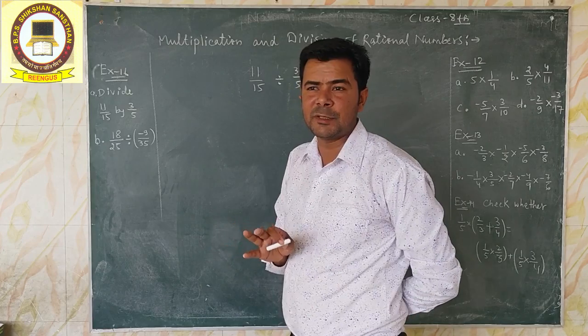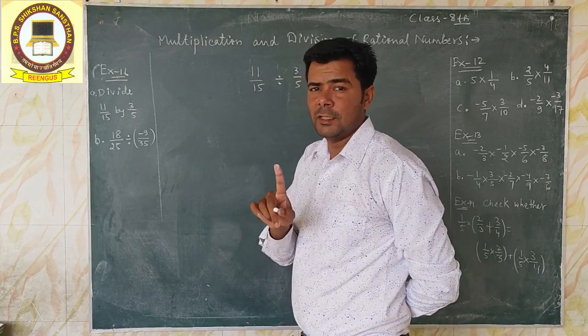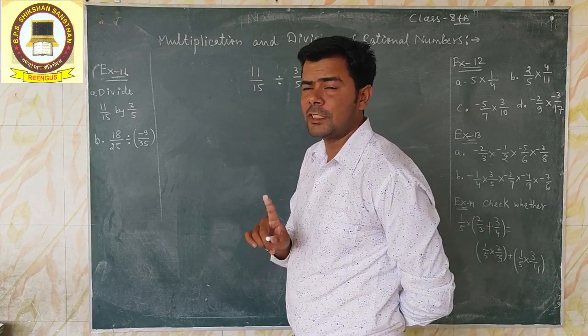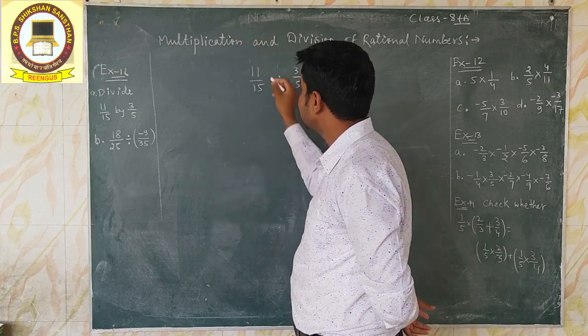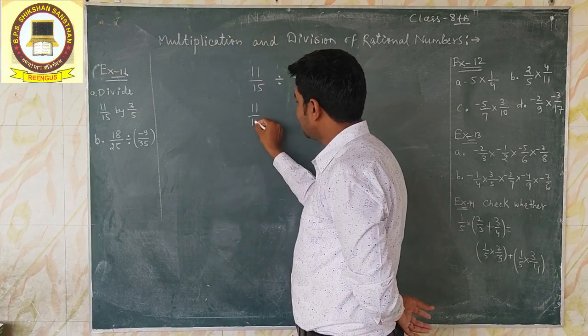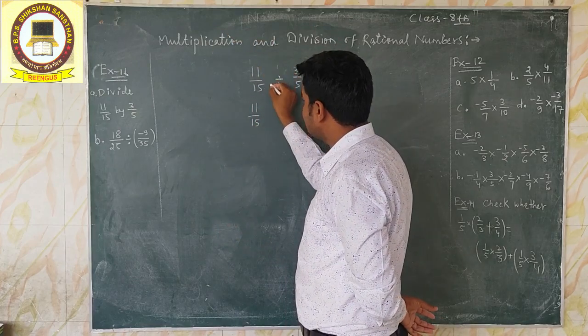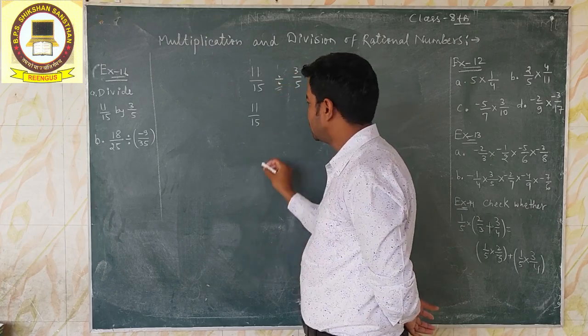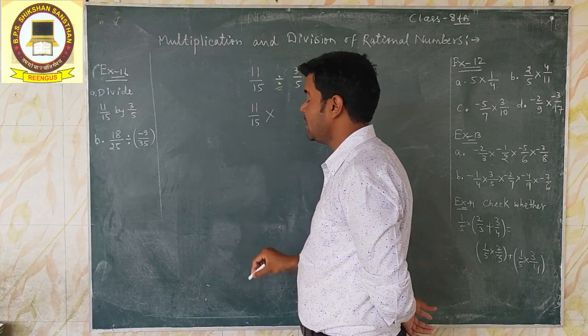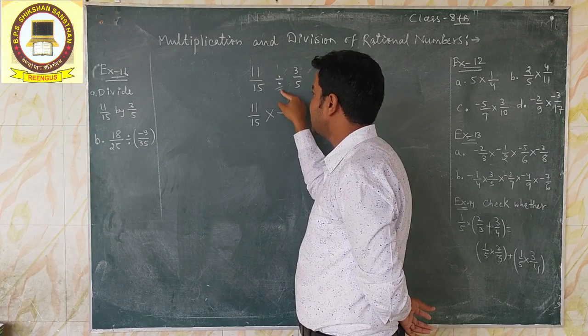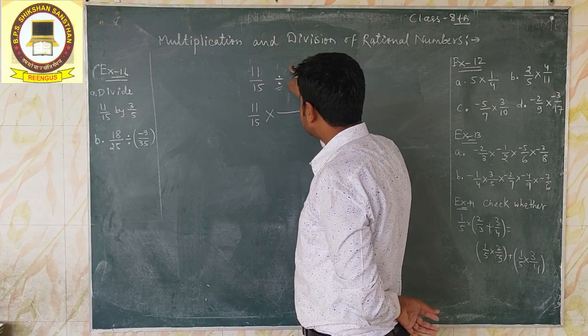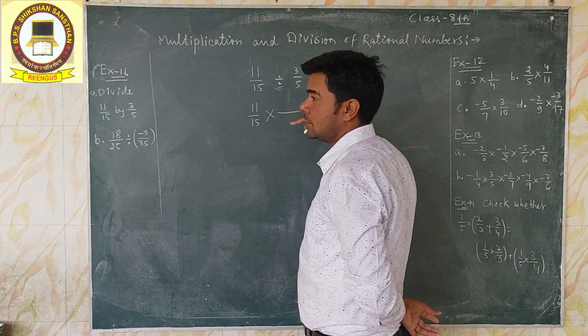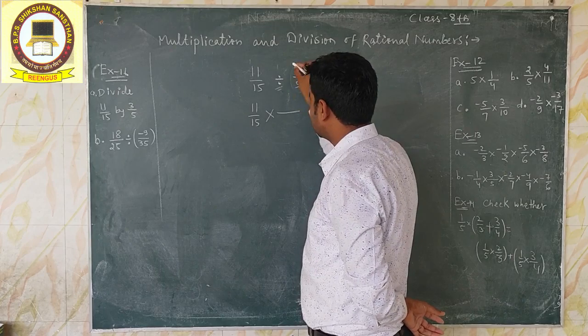Division is similar to multiplication, with just one difference. We need to change the division sign into multiply, and when we change it to multiply, we convert the next number.